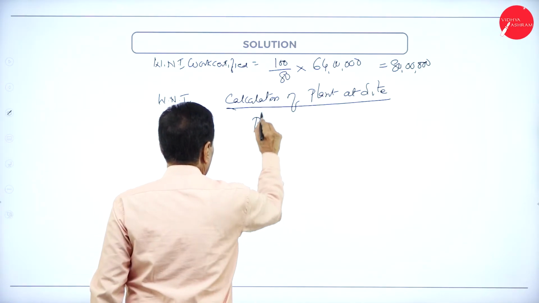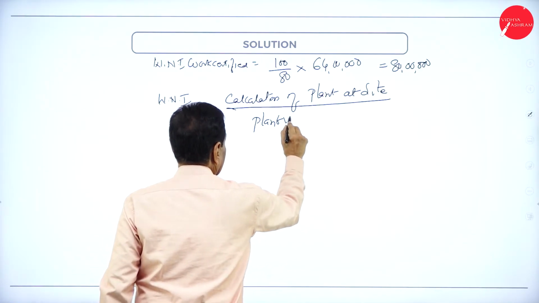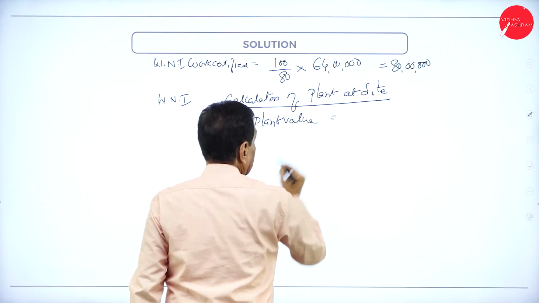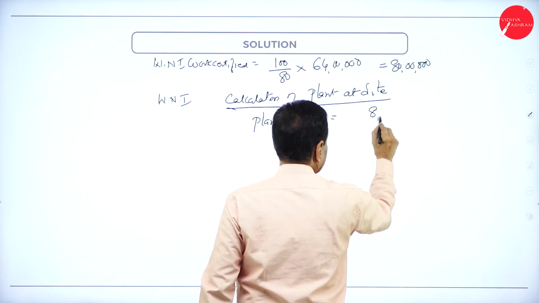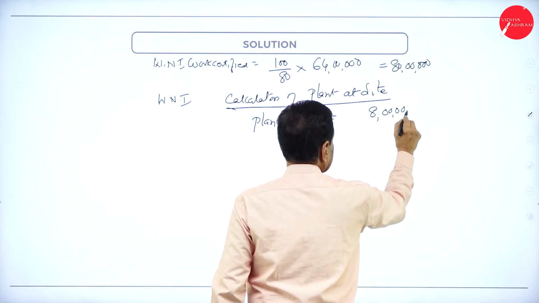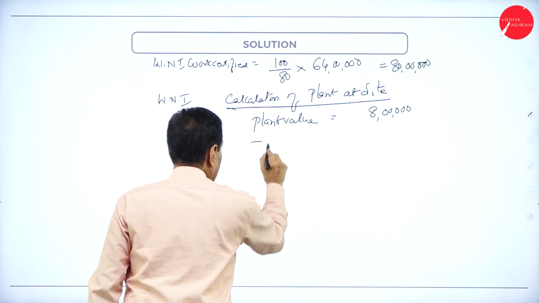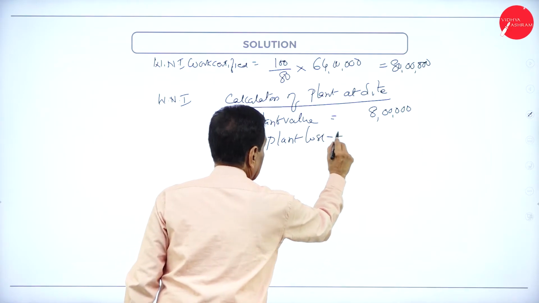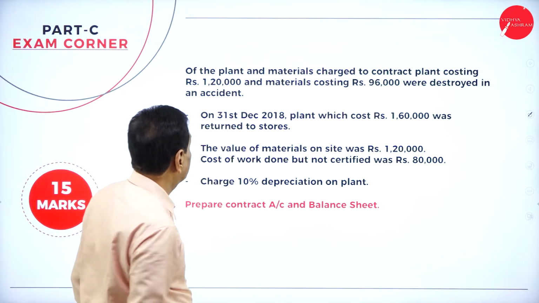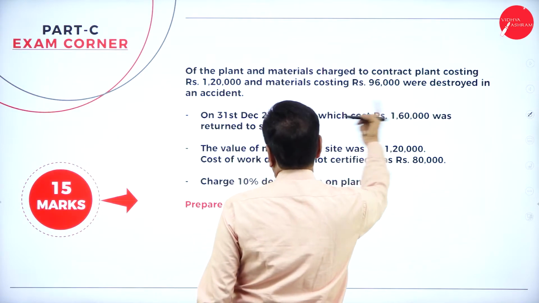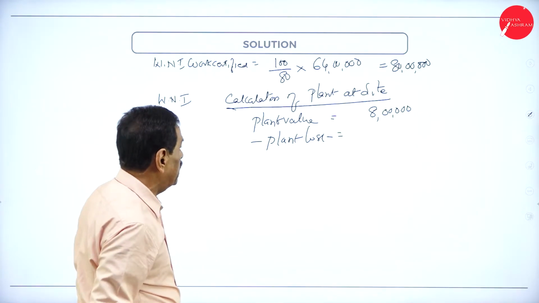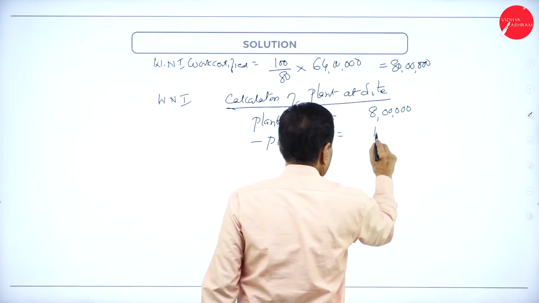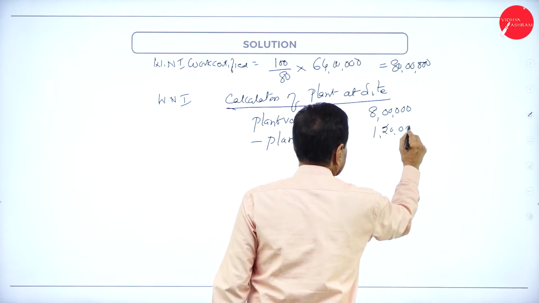Plant value is equal to 8 lakh minus plant lost, that is the plant costing 1,20,000 which was lost.